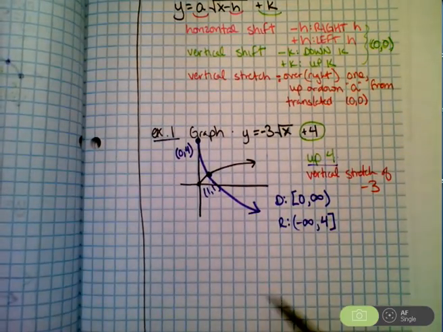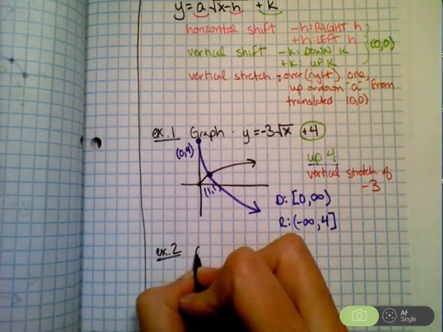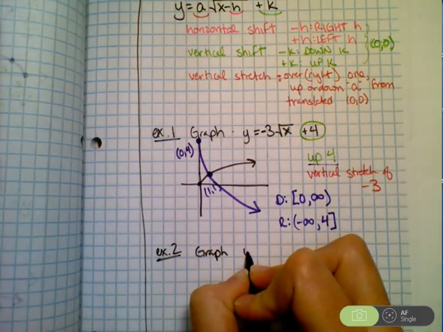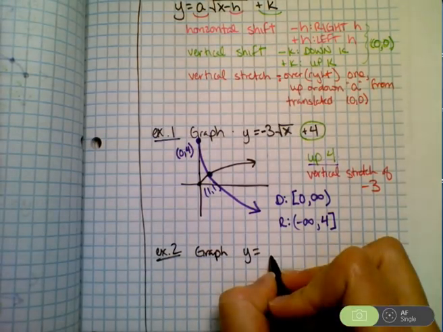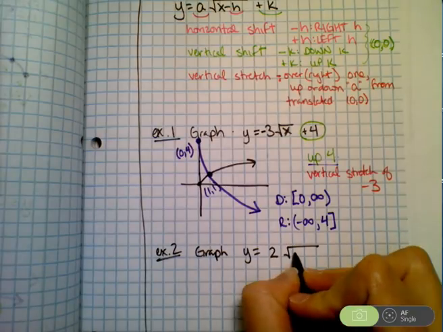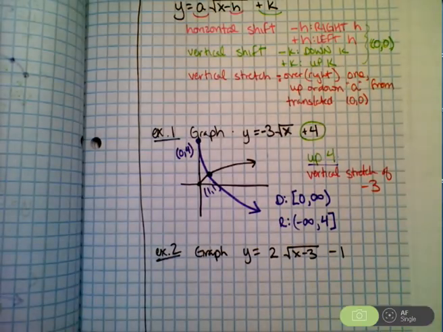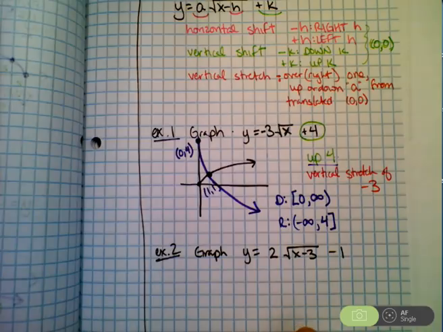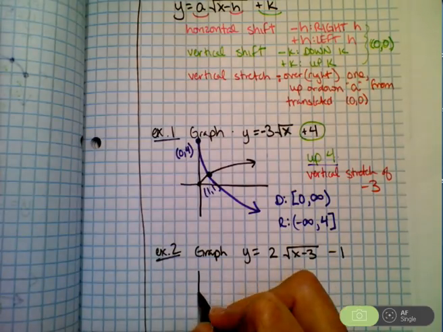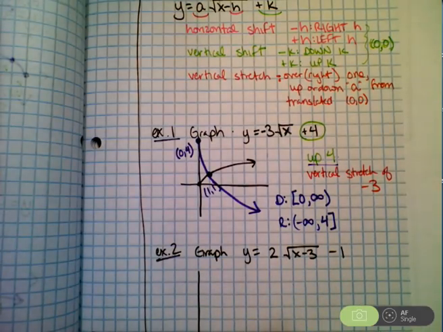Second example for your viewing pleasure. Graph y equals 2 square root of x minus 3 minus 1. Just making sure I'm giving myself enough space here to do this one.